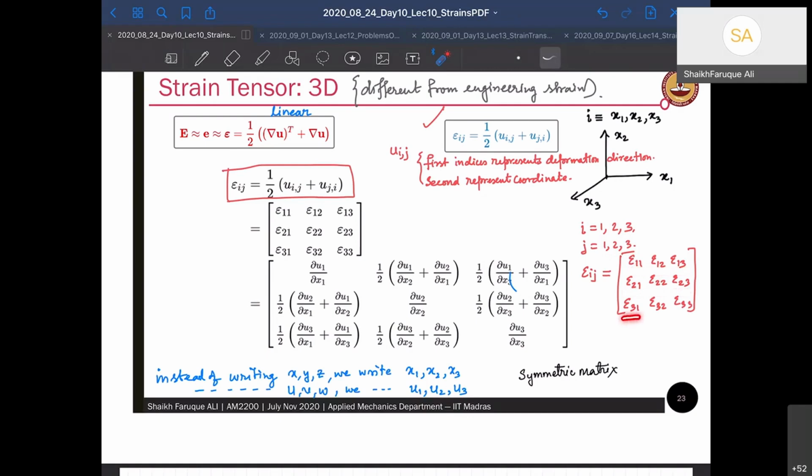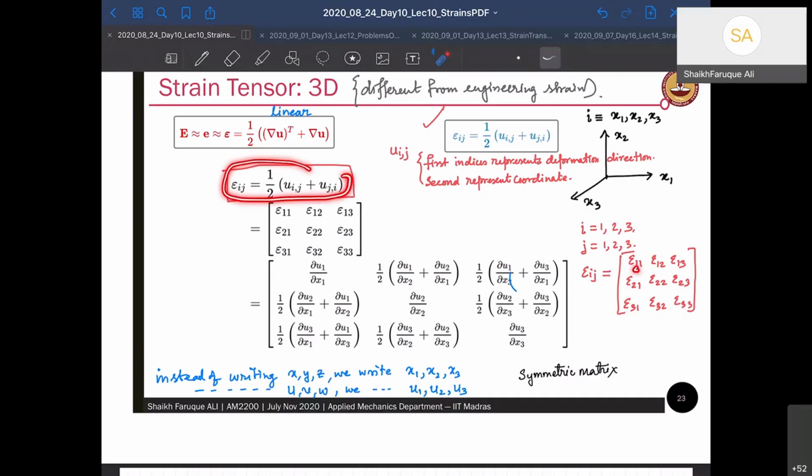Similarly, I will have epsilon 31, epsilon 32, and epsilon 33. So these 9 components can be represented by a single variable called epsilon ij, where i moves from 1 to 3, j also moves from 1, 2, and 3. Okay, so that's what it is here, and it is given by this one.